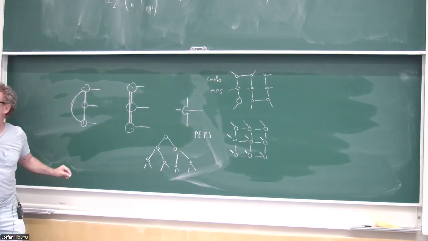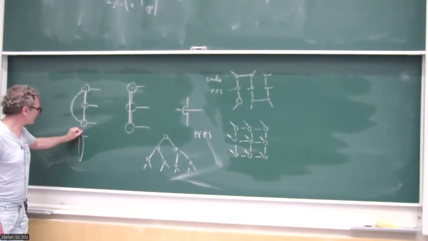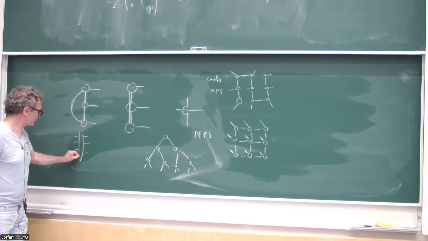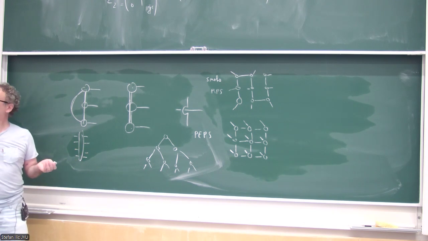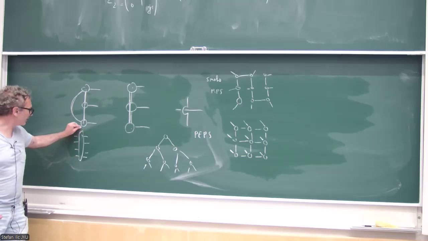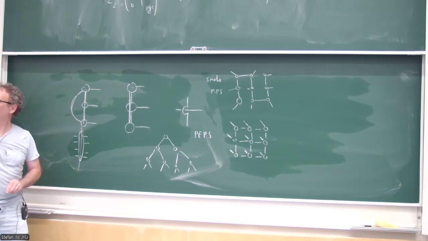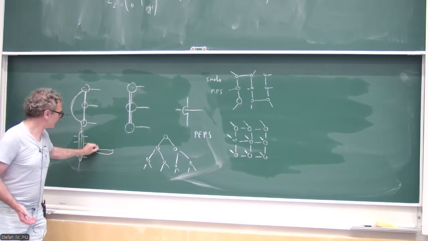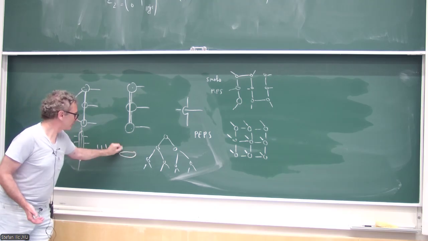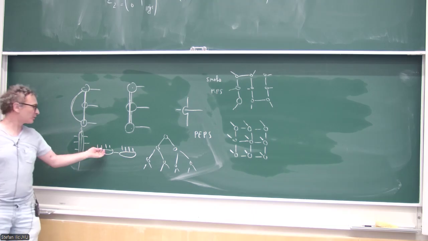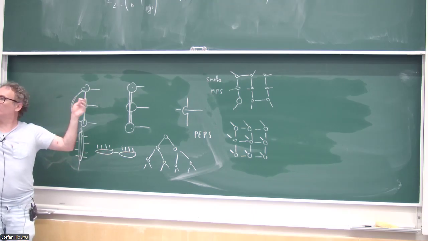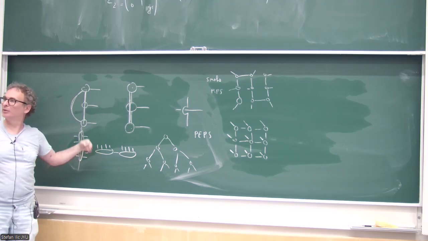If you have a density matrix, you could write it like this, for instance. You can always purify it. And purify it, in my case, means cutting into two like this. So then I have the purification of my density matrix, which means that you can consider some auxiliary quantum system for the rest.